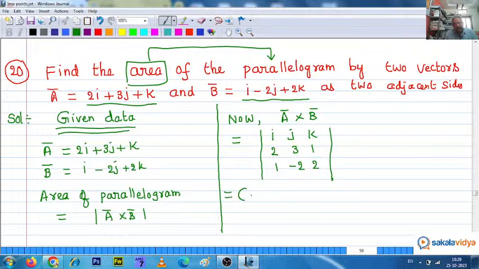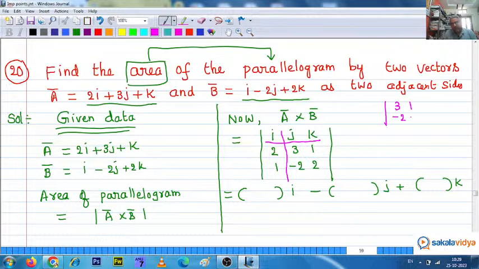So this we can write as bracket i minus bracket j plus bracket k. Let us write the values. First, deleting this row and this column, this determinant you will get: det of 3, 1, minus 2, 2. You will be getting 3 into 2, 6, and minus of 1 into minus 2, plus 2.